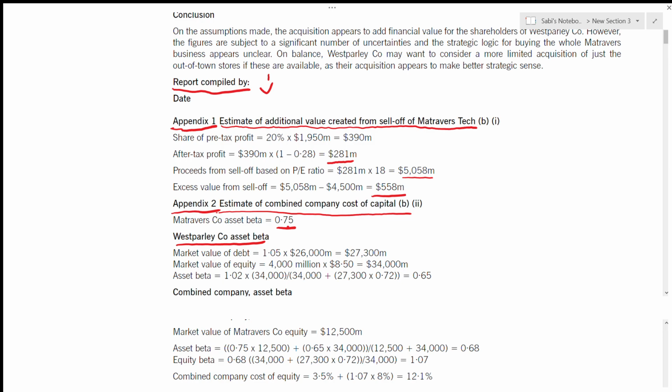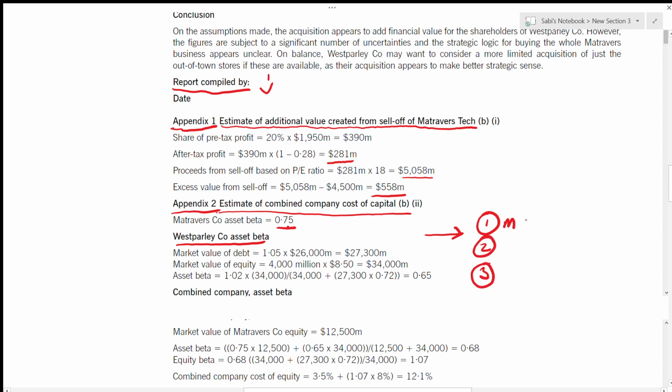It's very simple. When you have to find a company's asset beta, you need only three things: the market value of equity, the market value of debt, and the equity beta. If these three things are there, you can find the asset beta, and all three are there for Westpale. I will write it here and put an arrow so that you know it is first, second, third.